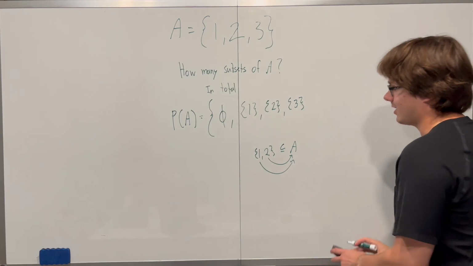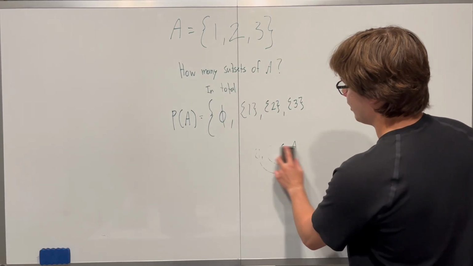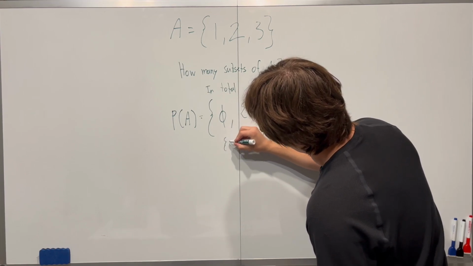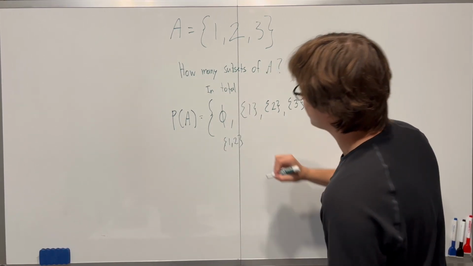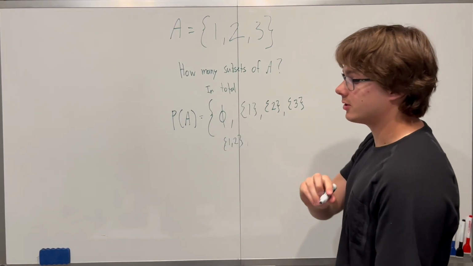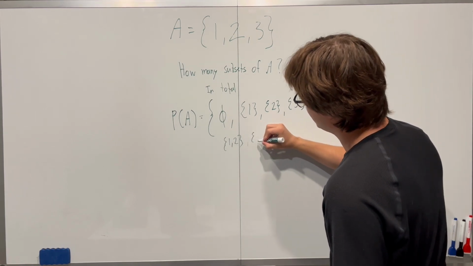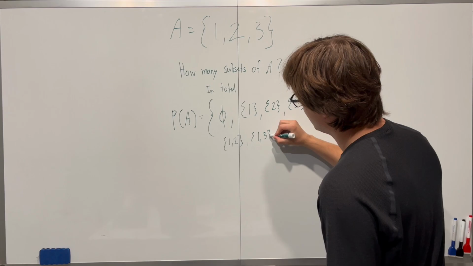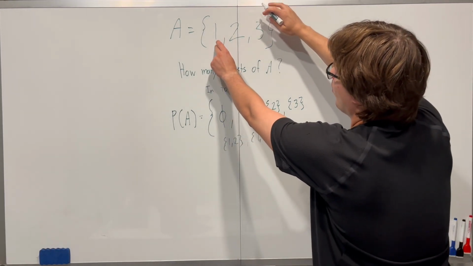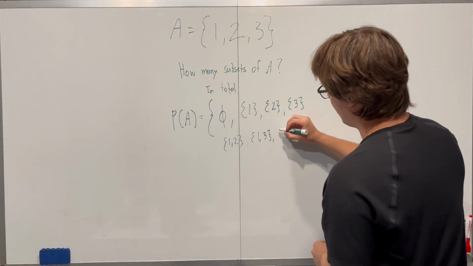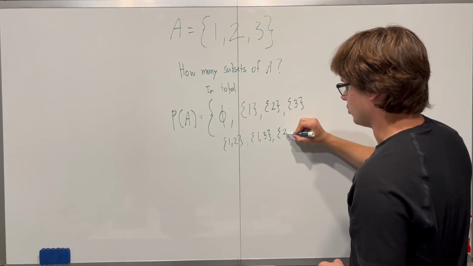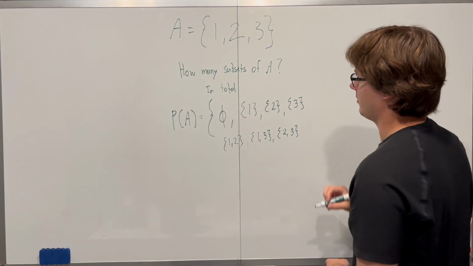Both of those exist in A, so they're going to be a subset of A. So we can write down the set 1, 2 is a subset of A. Similarly, you can then say the set 1 and 3 is a subset of A because 1 and 3 are both in A. And finally, you can say the set 2 and 3 is a subset of A.